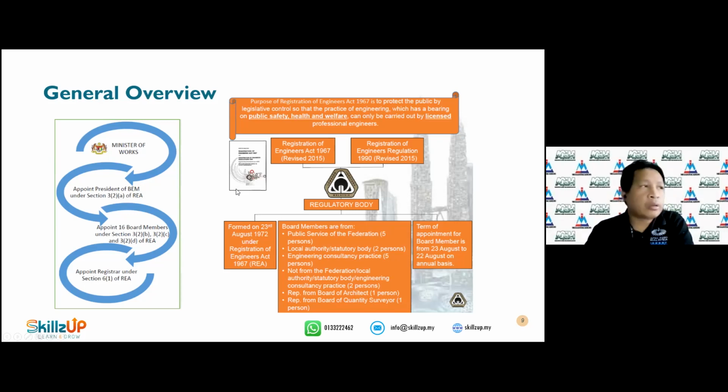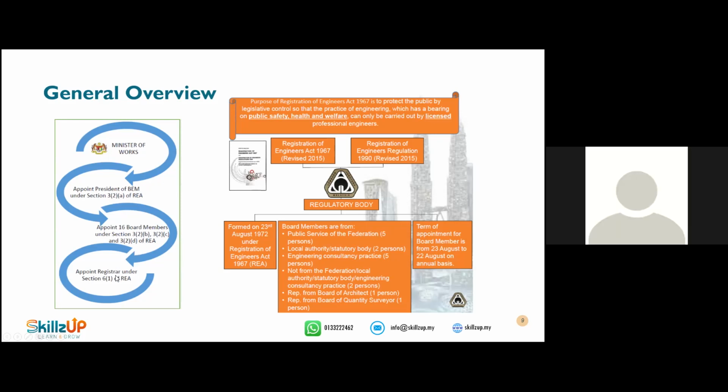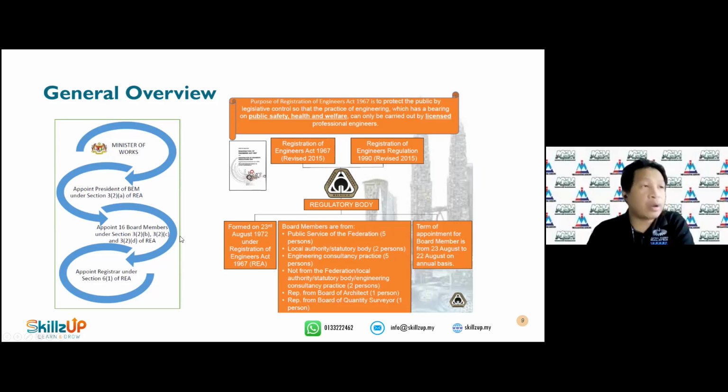The source of the authority comes through the Minister of Works, who appoints the President of the Board of Engineers under Section 3(2)(a) of the Registration of Engineers Act, and appoints 16 board members under this clause, and that is why it forms the registrar. So this is how the board is formed. I think it's good for us to have some idea how this regulatory body works.